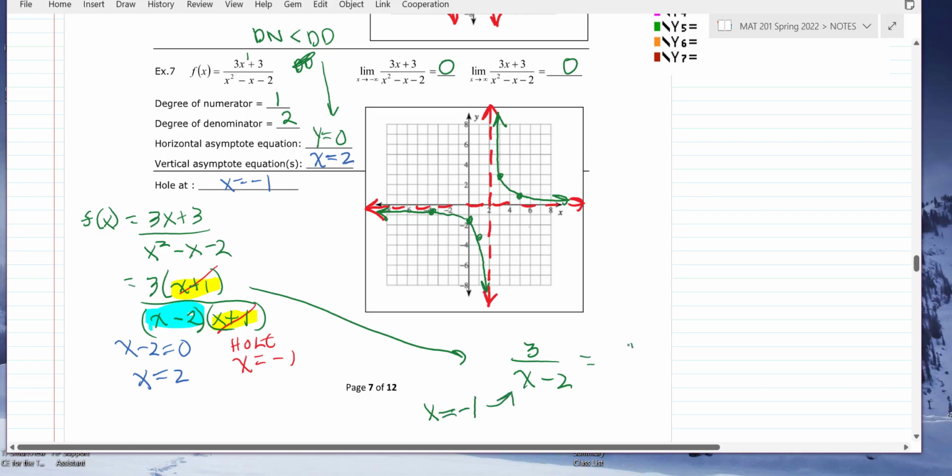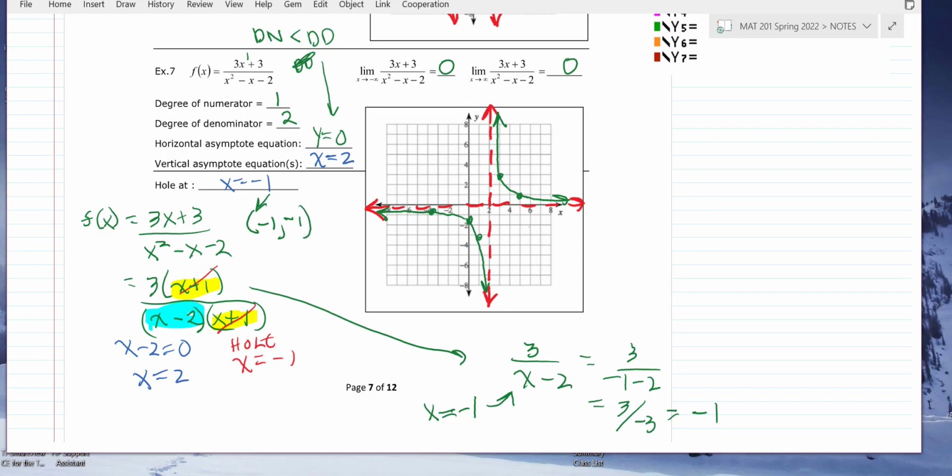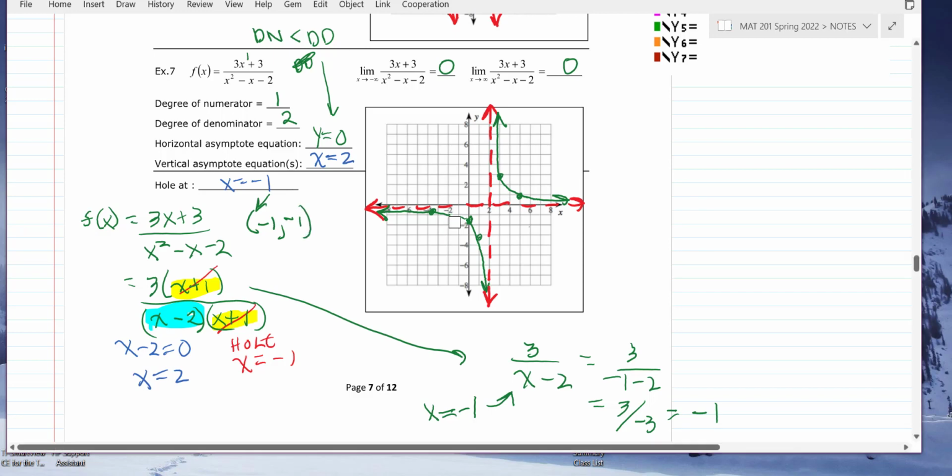So you'll get 3 over (-1 minus 2). That's 3 over -3. So that's -1. So this hole occurs when x is -1 and y is also -1. If you want to be really accurate on that hole, you can go to the point (-1, -1) and then put a bubble there. So that's where your hole is.